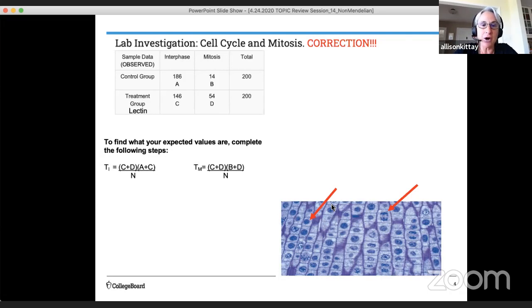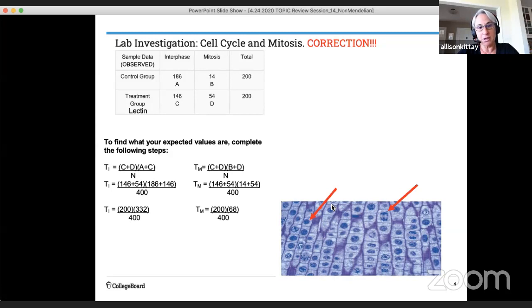So let's just take our data and plug in the numbers. For the treatment group in interphase, we're going to take 146 and add that to 54, and we're going to multiply that to the sum of 186 plus 146 and divide that by 400. And then for the mitosis treatment, it's 146 plus 54 multiplied by 14 plus 54 over 400, or the total number of cells.